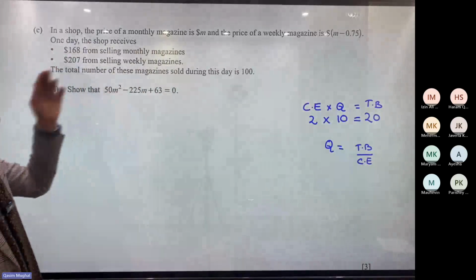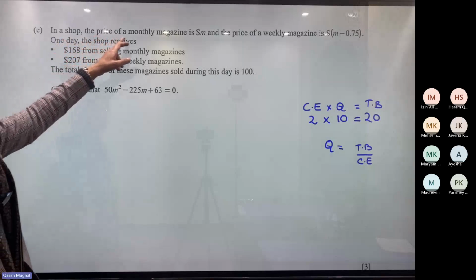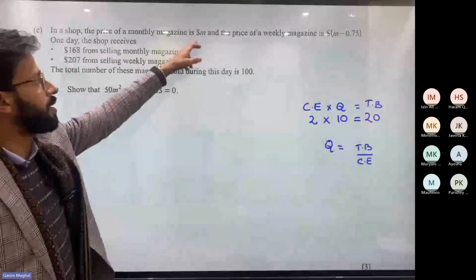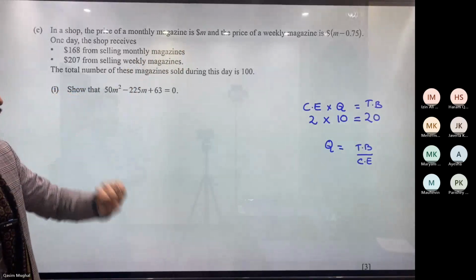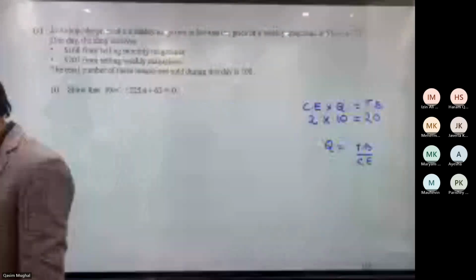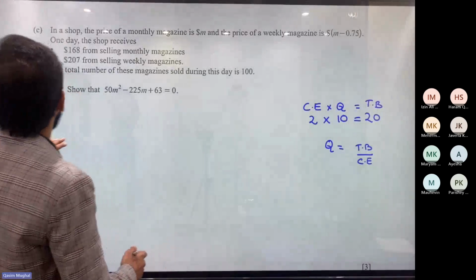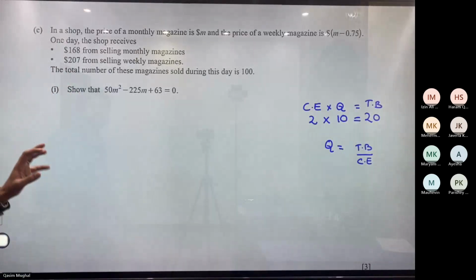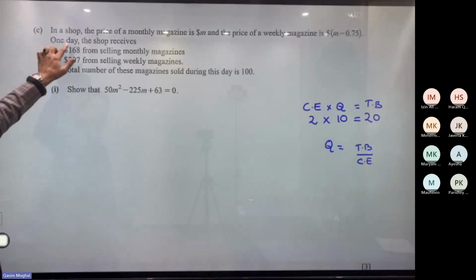Okay. Now, in a shop, the price of a monthly magazine is $M. Monthly magazine की price क्या है? $M. Now, what is the expression for selling monthly magazines on this day?